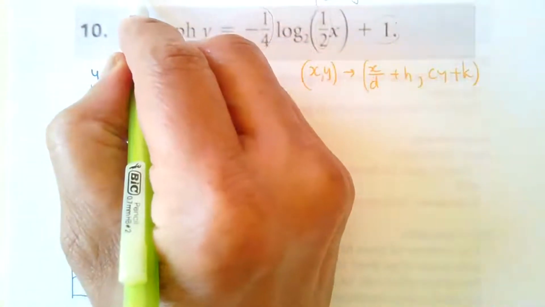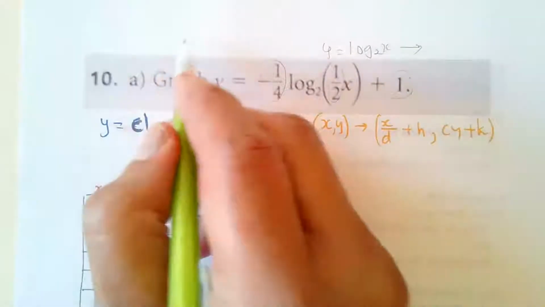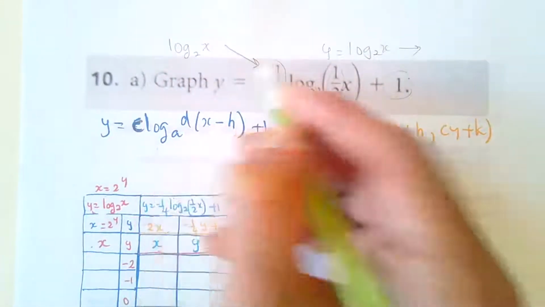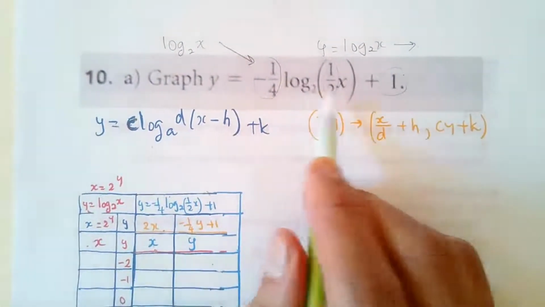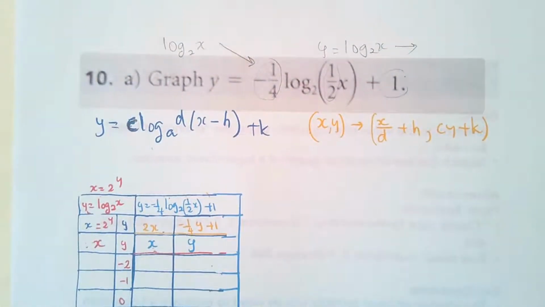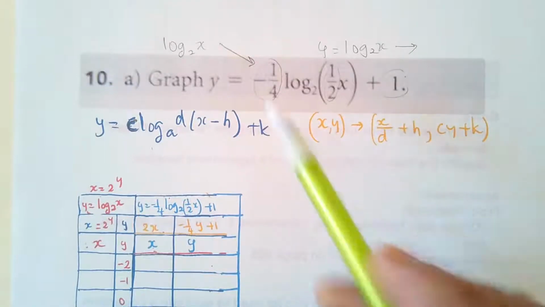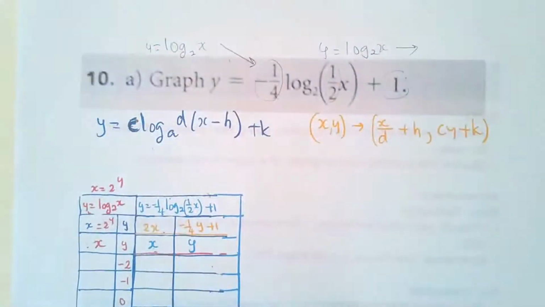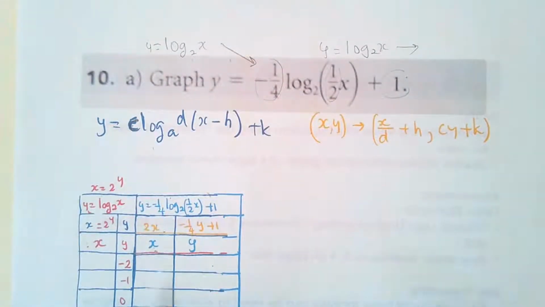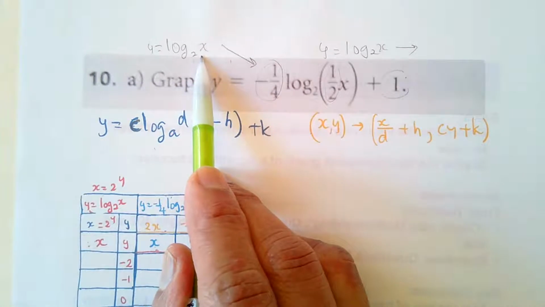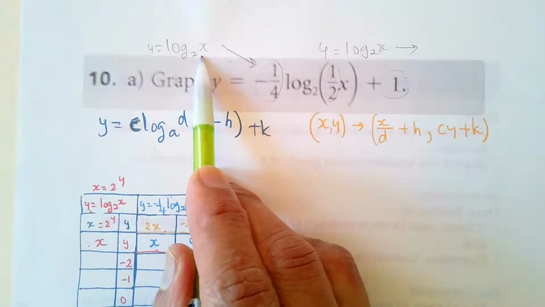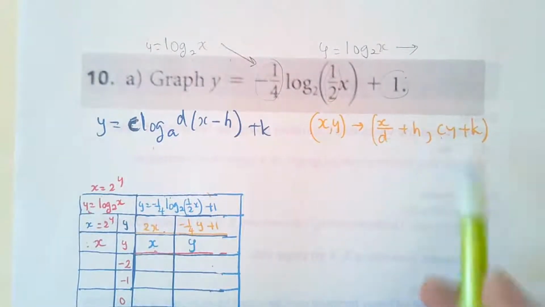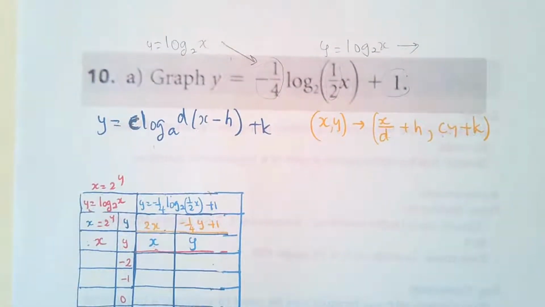We can write it down here: log base 2 of x, and we want to transform it into this. The easiest way to approach this is to create a table of values for y equals log base 2 of x, then use the x and y coordinates and substitute them into the transformed log function.